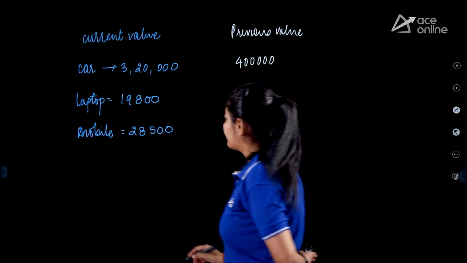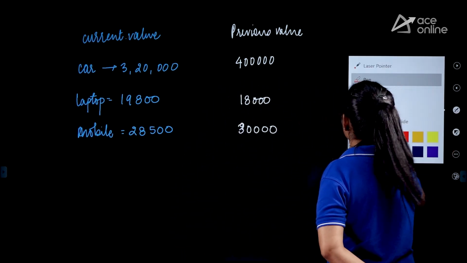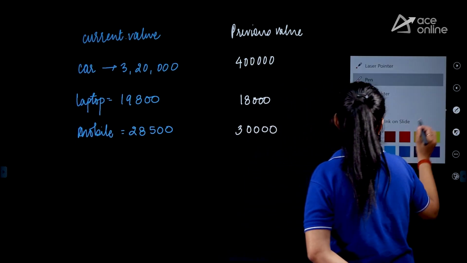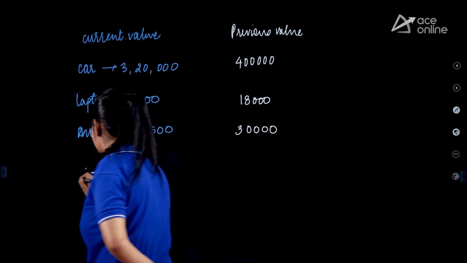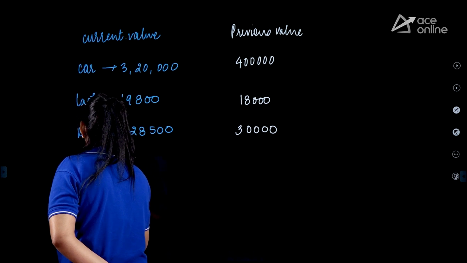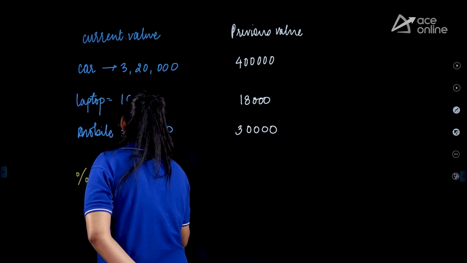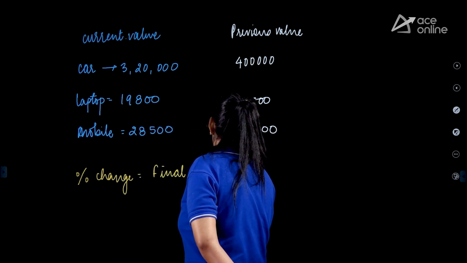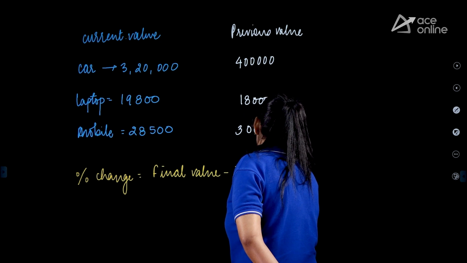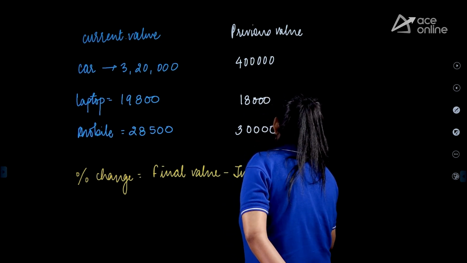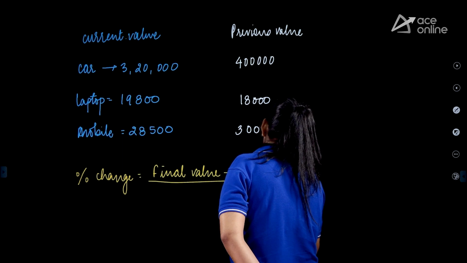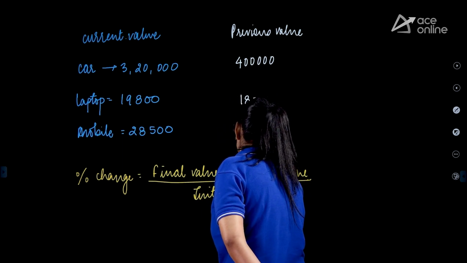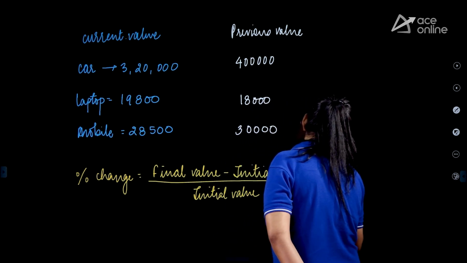So basically the formula of percentage change says: final value minus initial value, divided by initial value, into 100.